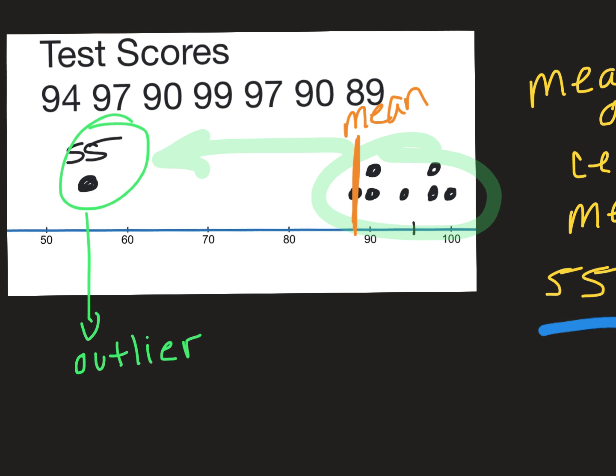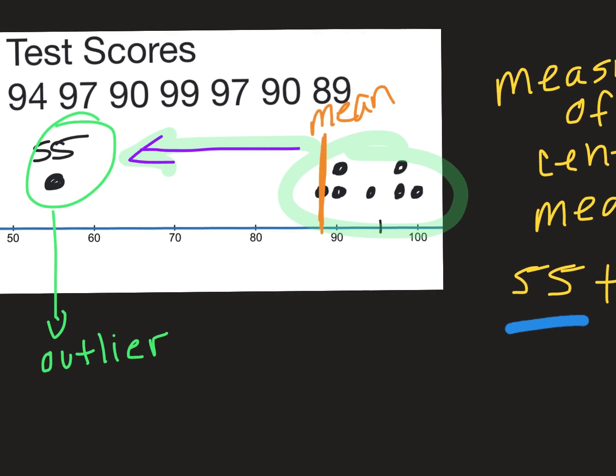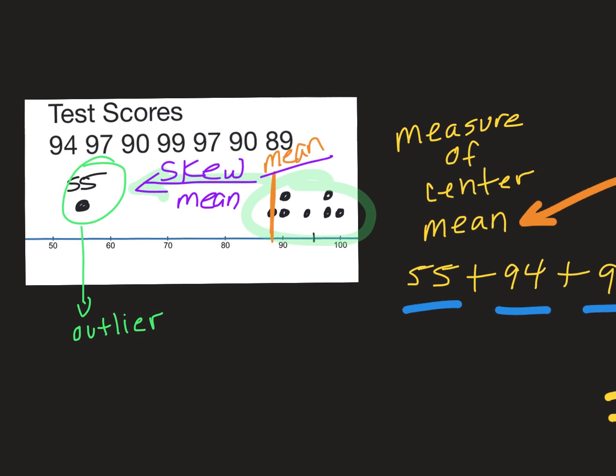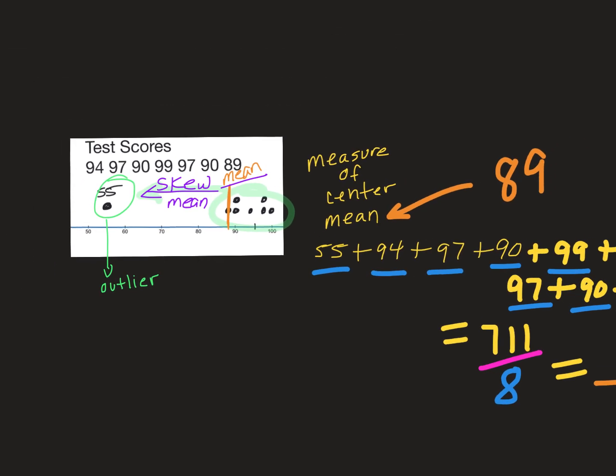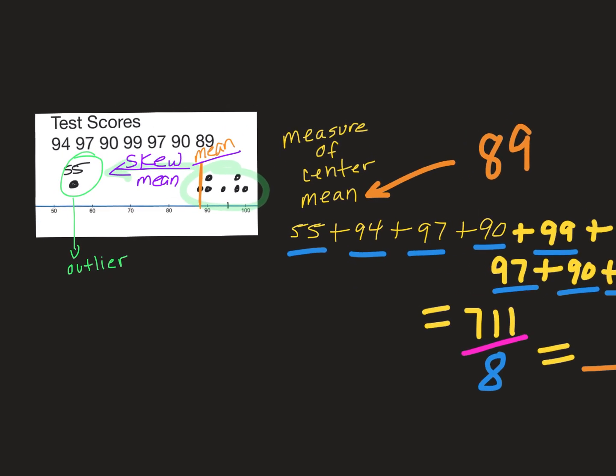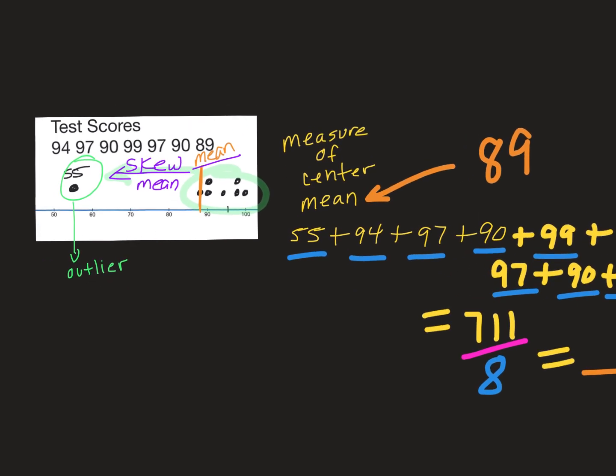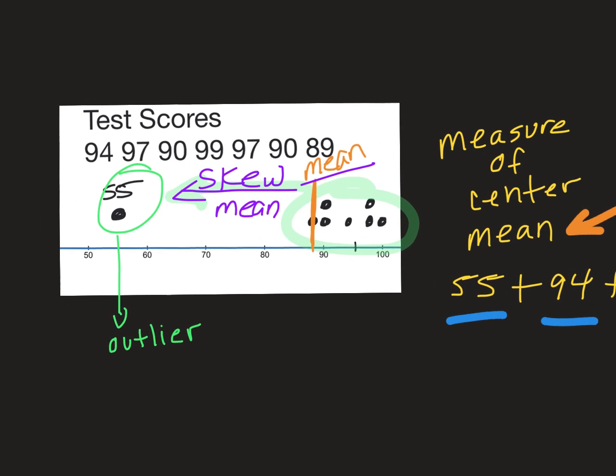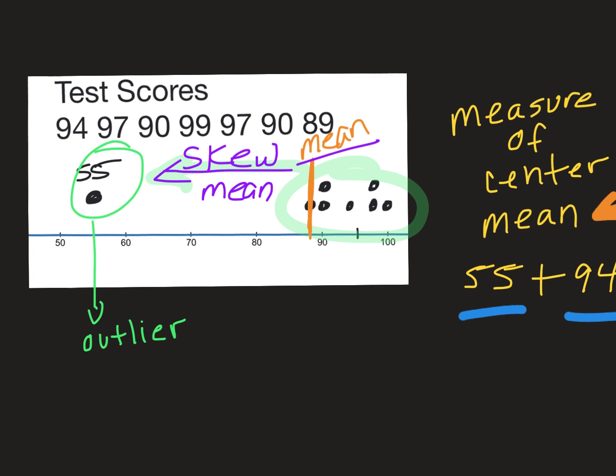Remember that the outlier does what we call skewing the mean. What it does is it drags that mean down so that the mean is actually not in the center anymore. So it's not going to be our best measure of center because it's not in the middle thanks to that outlier.